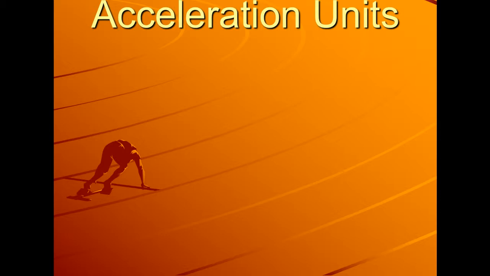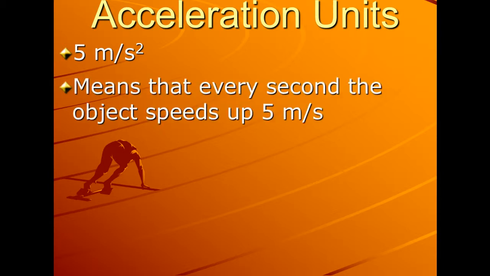Acceleration units, you're always going to have something like this. So this would be 5 m/s². The way you would read it would be 5 meters per second squared. And what this means is that for every second that goes by, you're going to speed up 5 meters per second. So after 1 second, you're going to be going 5 meters per second.